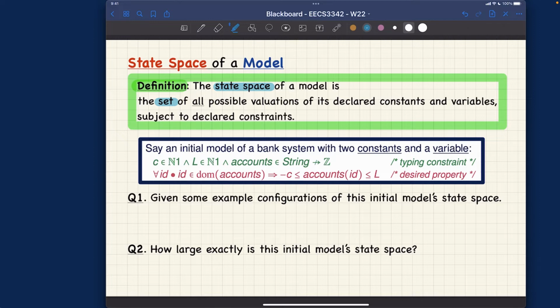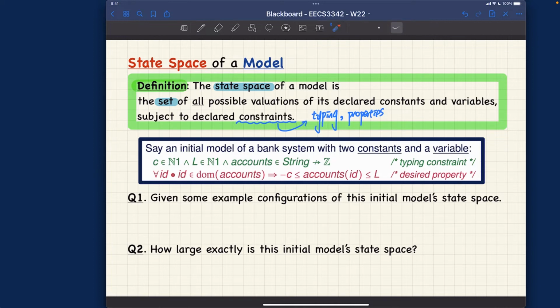These two terms people use to mean the same thing: different instantiations of the constants and also variables, subject to declared constraints. The constraint may be for typing or maybe for desired properties, right? Just remember, constraint is a very general term that may be meant for different purposes. It could be for typing, or it can be for desired properties.